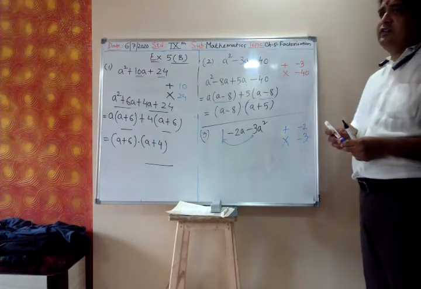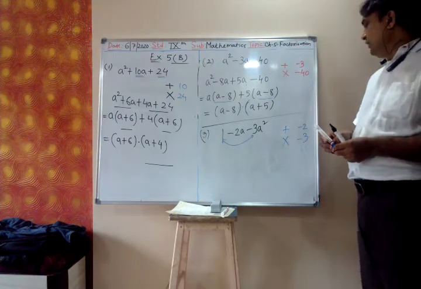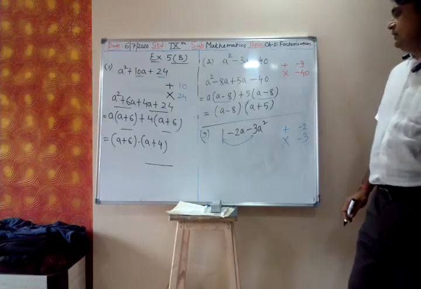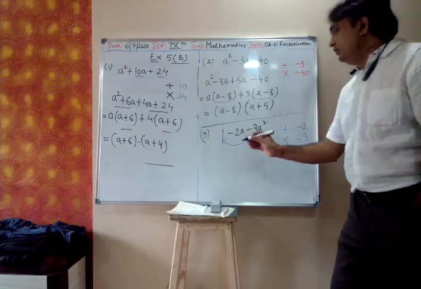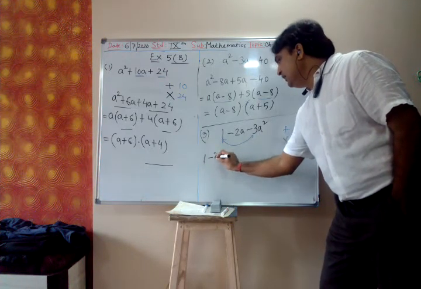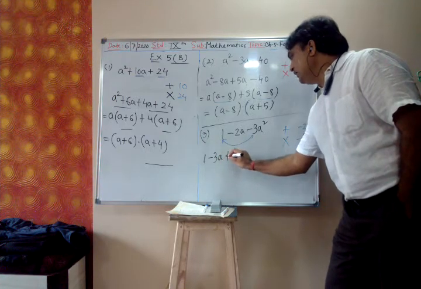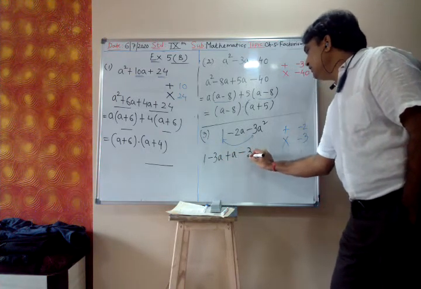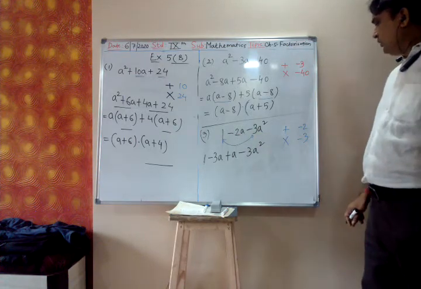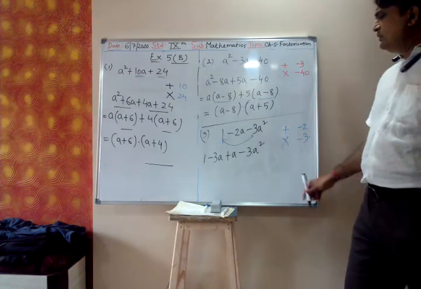So find two numbers whose addition is minus 2 and multiplication is minus 3. Very good. So 1 minus 3a plus a minus 3a square. I am writing minus 2a.